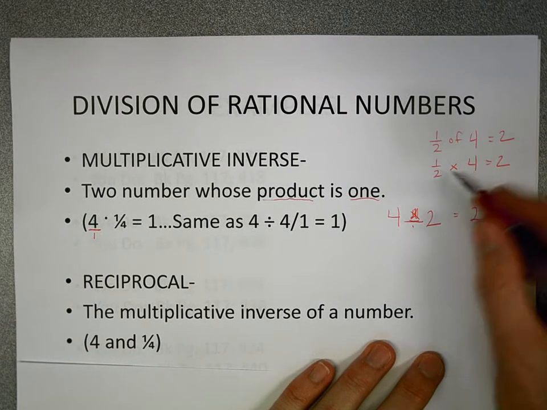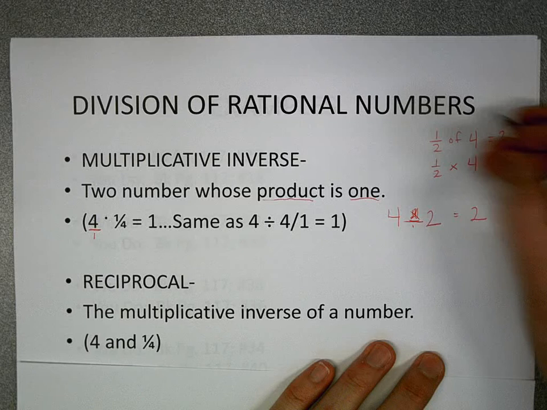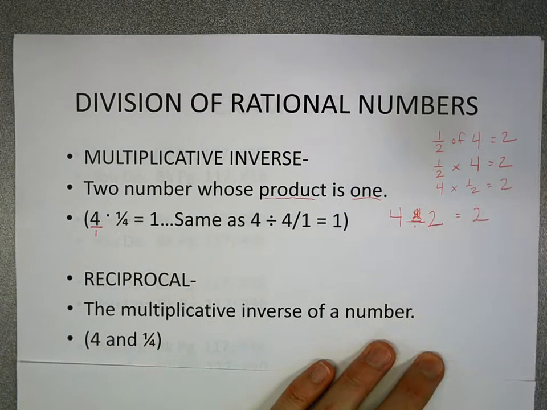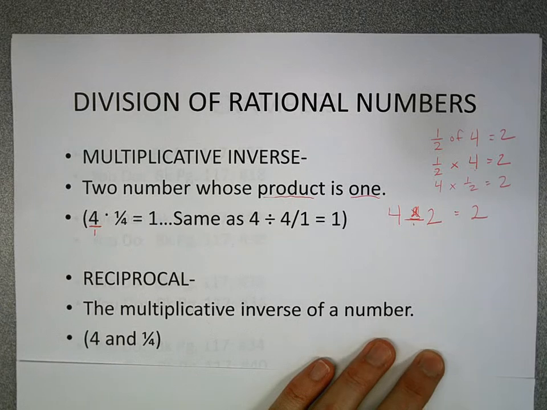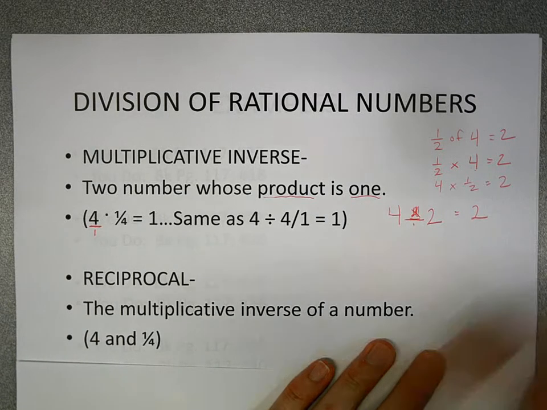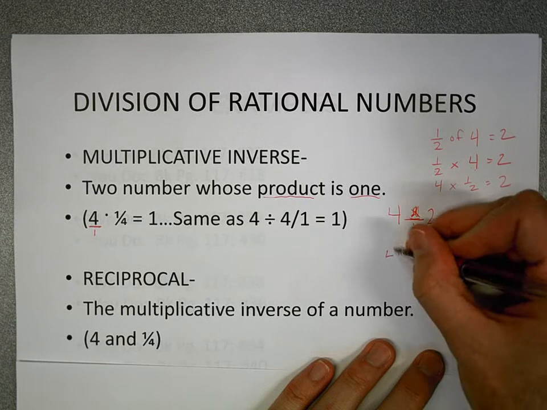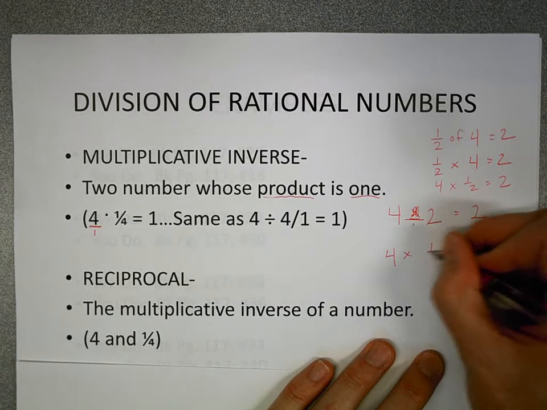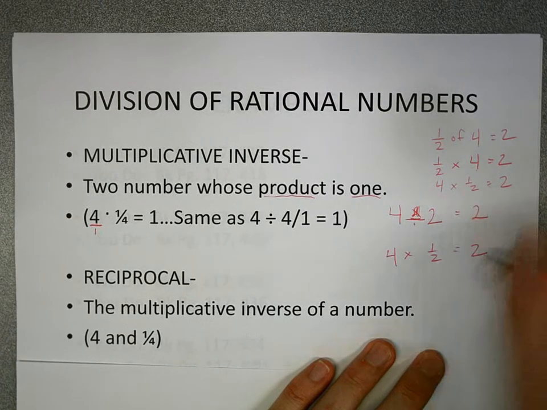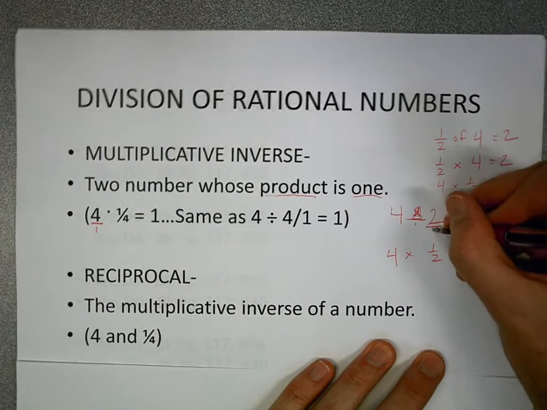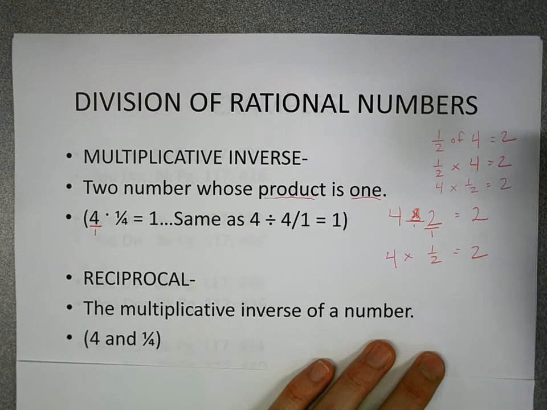Now, using a little bit of commutative property, 4 times 1/2 is 2. I just flip those around, you still get the same answer. Hopefully you all understood this. But let me write it under here, because this is what people don't realize. 4 divided by 2, or 2 over 1, is equal to 2. 4 times 1/2 is equal to 2.